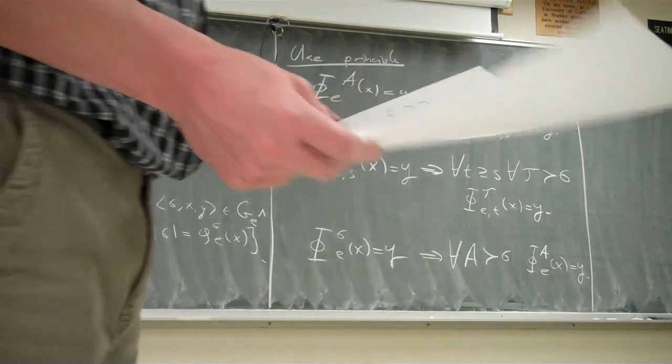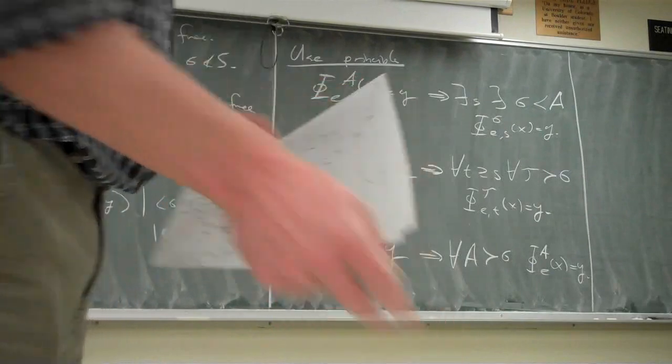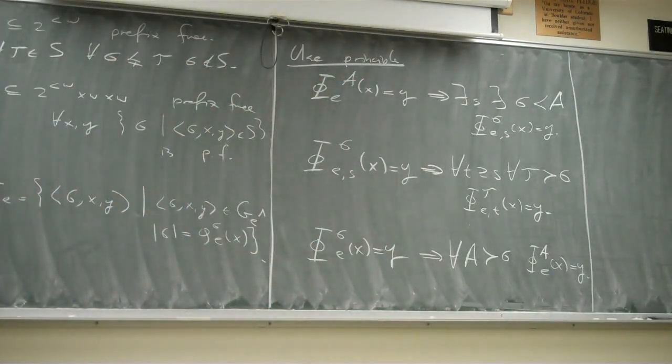Now, I'm not going to do this, but I'm going to observe something. We defined Turing machines, we defined oracle Turing machines, and these definitions are really close to each other, right?